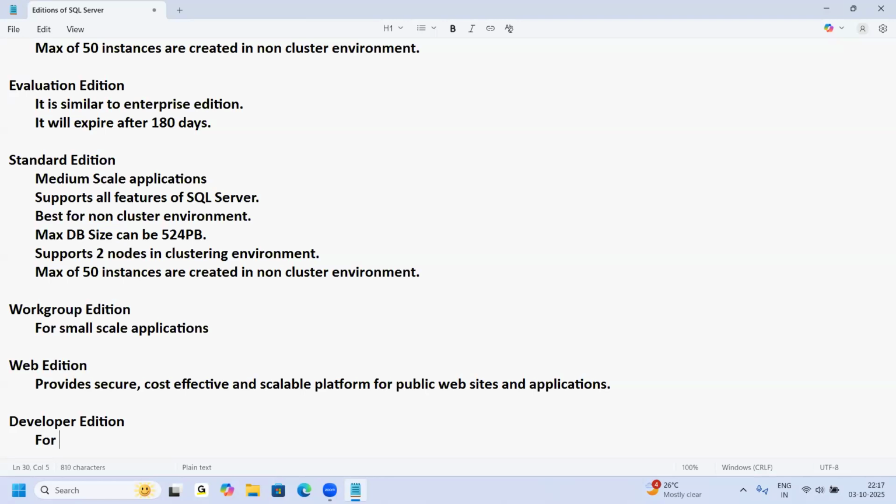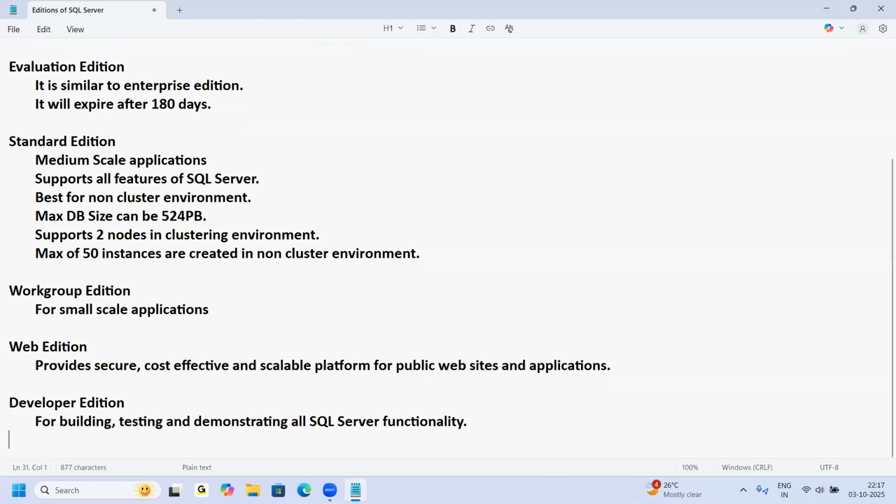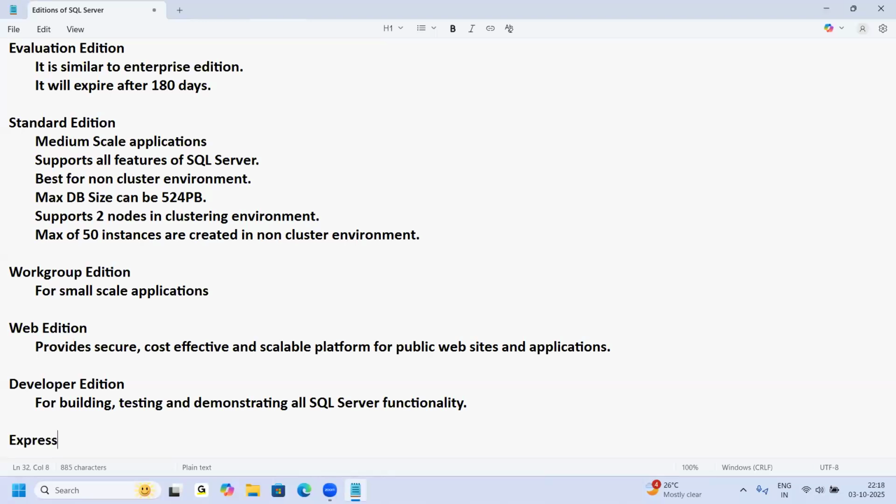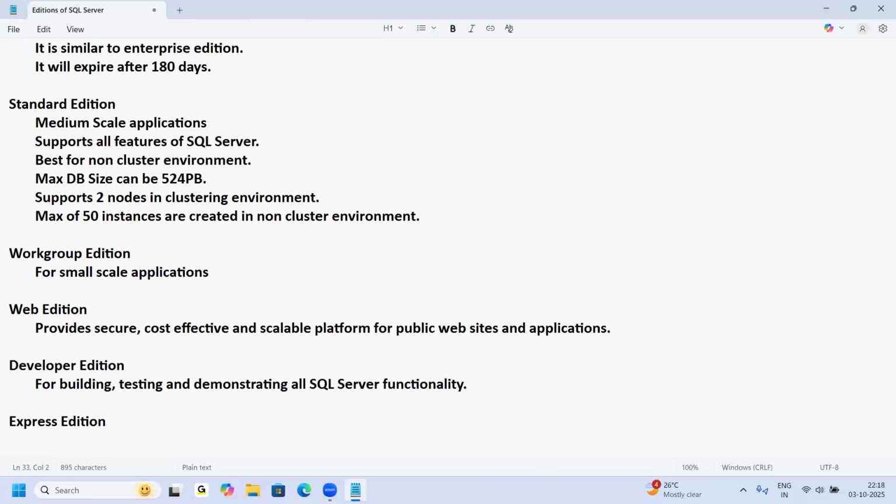Still, you can say this is for building, testing, and demonstrating all SQL Server functionality.